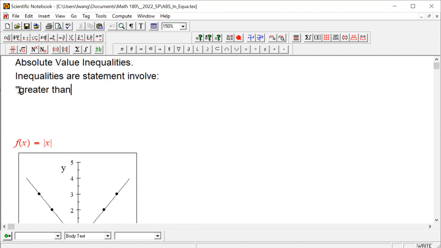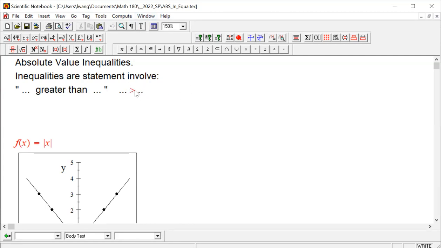Something is greater than something else. In this case, we will have something on the left and greater than on the right. Something is greater than something else.